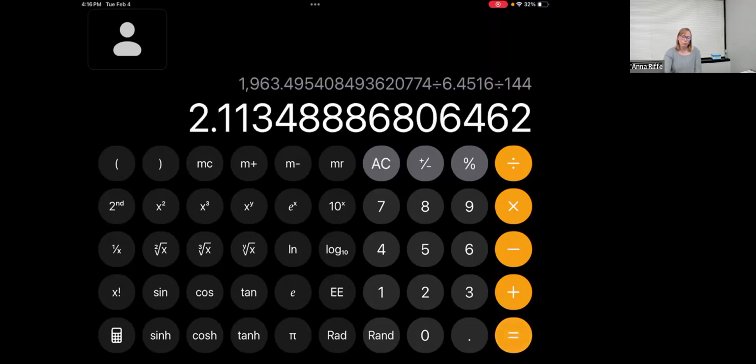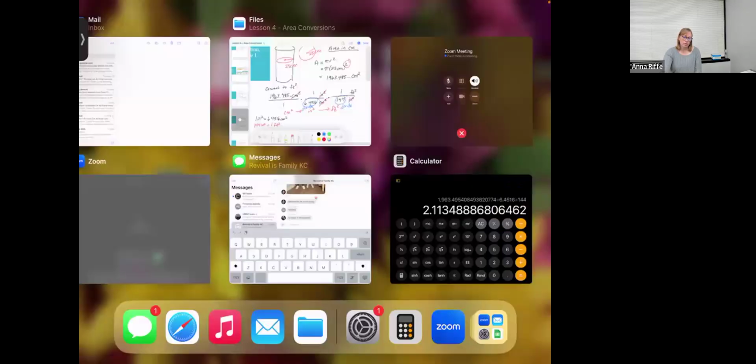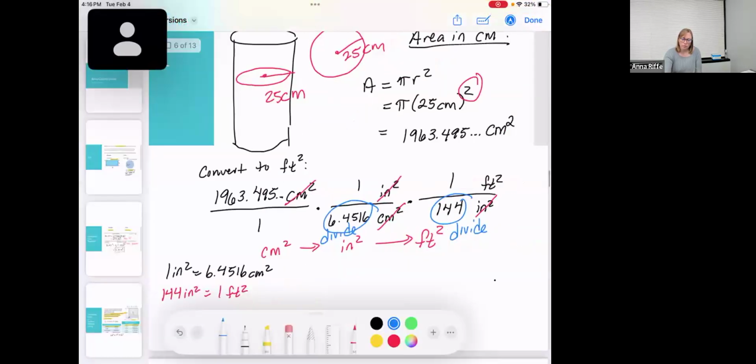Which gives me 2.11 if we want to round to the nearest 2 decimal places. So 2.11 square feet, it looks like. It's equal to, pull out my black, 2.11 square feet.